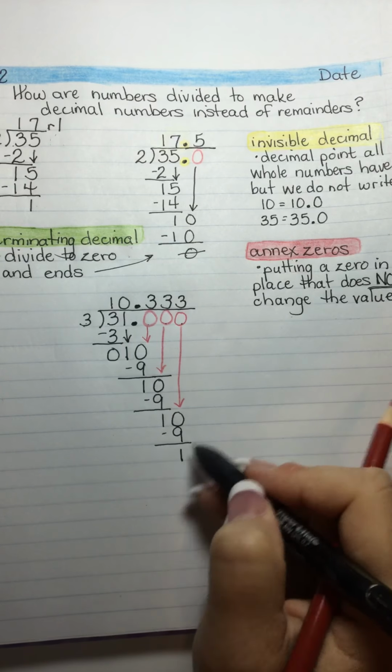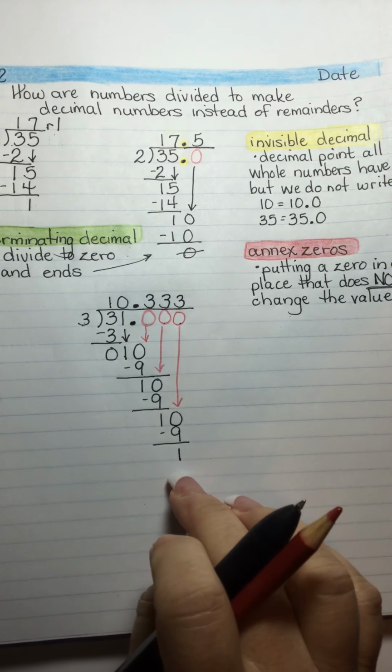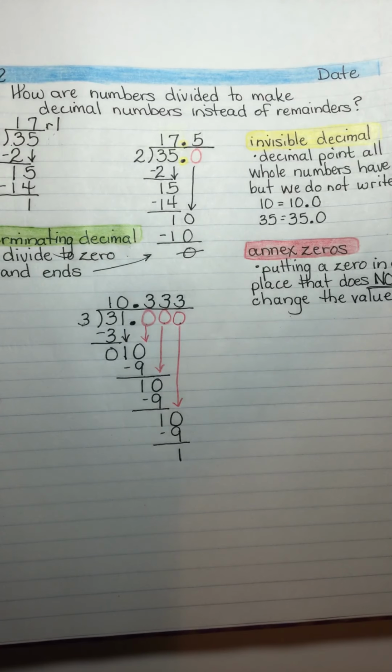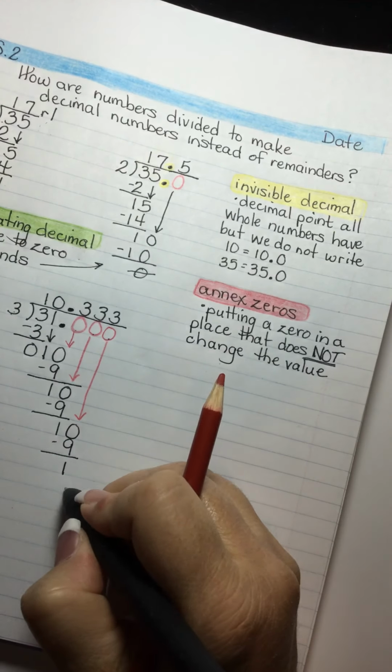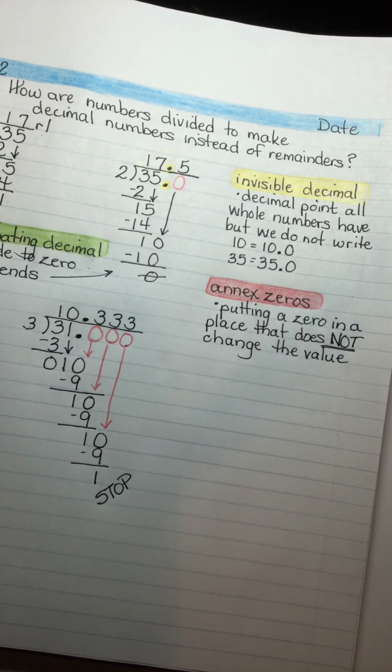Now we could keep going. But for our own peace of mind, this is not a remainder. We could continue and keep going and going and going. But we see the pattern and we see that it's going to keep going. So we can tell ourselves at this point to stop.